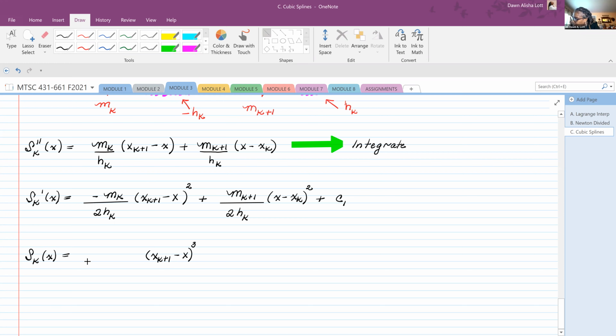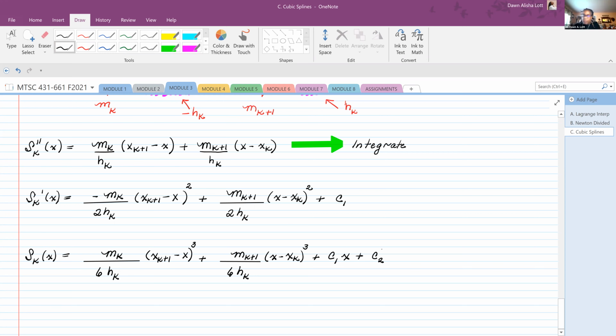So now I'm going to get a 6 in the denominator, and my negative is just going to give me M_k. And then here, I'm going to get (x minus x_k) cubed. Now I'm going to put a 3 in the denominator, so I'm going to get 6h_k, and then I'm going to get M_{k+1}, plus C1 x plus C2.